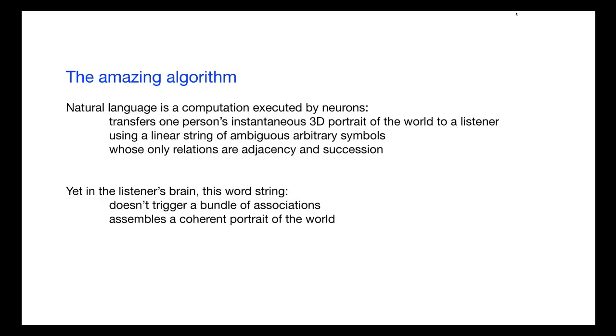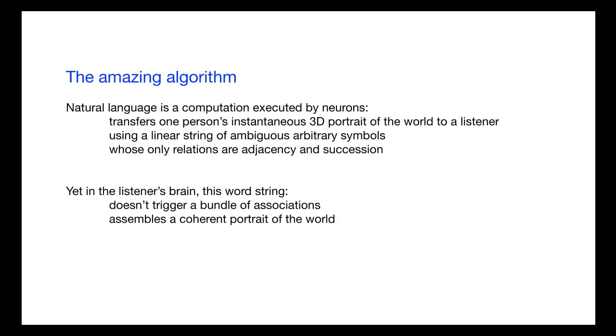Okay. But we're going to transfer that 3D picture to somebody else using a linear string of symbols that are ambiguous, because words usually have multiple meanings. And they're arbitrary symbols: the word cat, C-A-T, has no relation to a cat with two ears and a tail whatsoever.